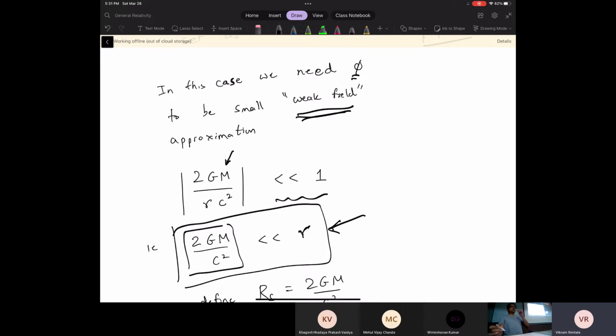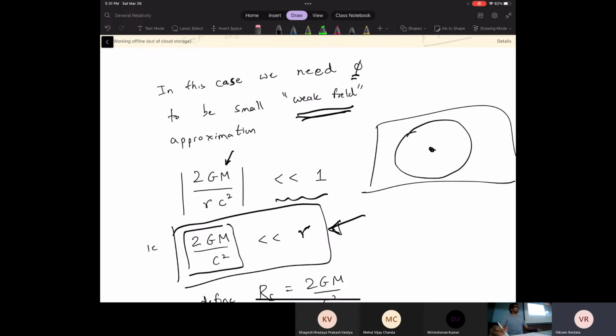So strictly speaking, for a point source, my perturbation theory is not valid at all distances. It's only valid at these large distances. For a point source, the gravitational field is strong when I get close to the point source, but as I get far enough from it, the gravitational field is weak. But this is not a problem for the entire formalism that we develop, because as I said, you can solve this on a patch.